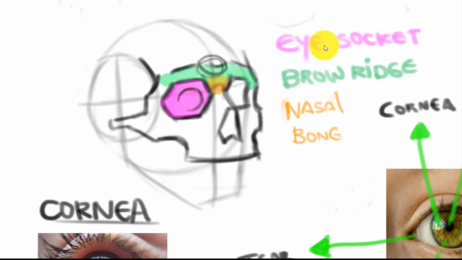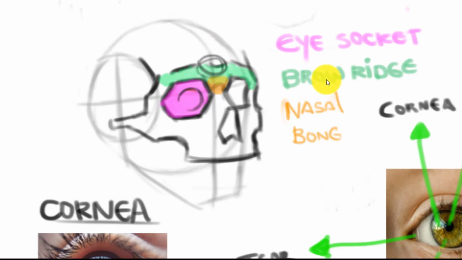The first one is the eye socket, the next one is the brow ridge, and the third one is the nasal bone. The eye socket serves as a sort of box or a hole to protect the eye, and it is a space for the eye to fit on the face.